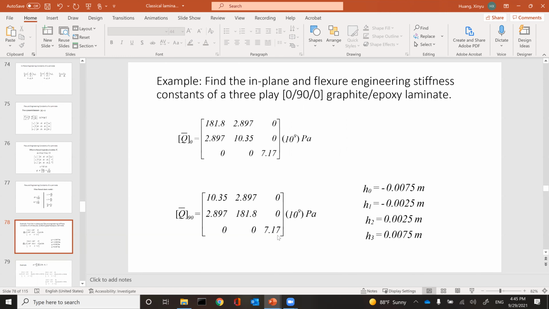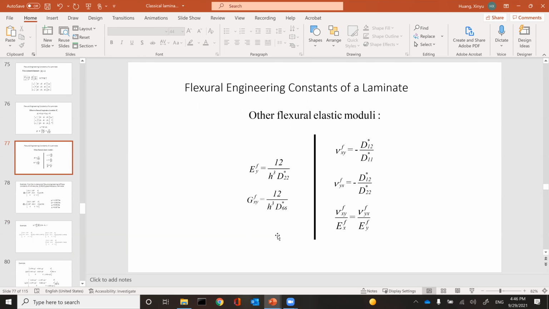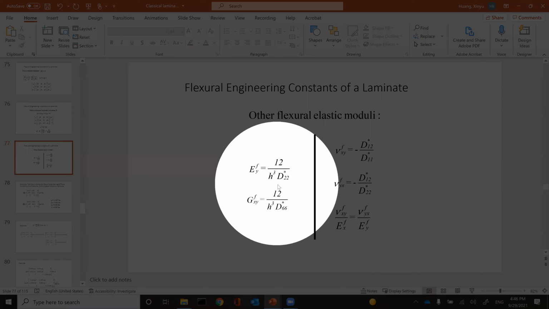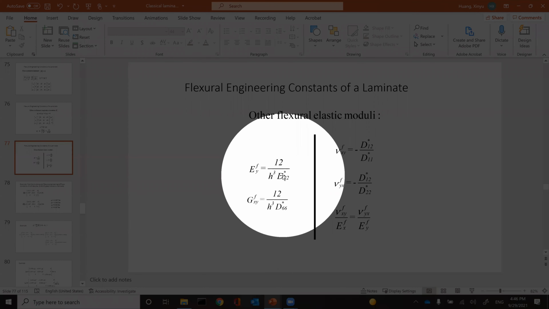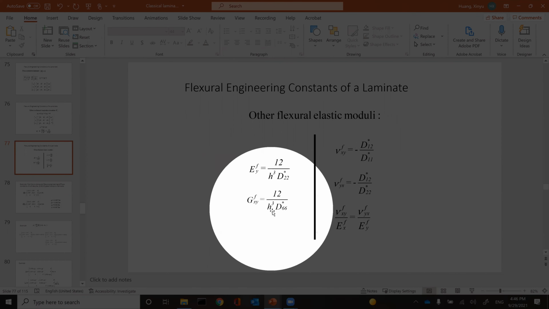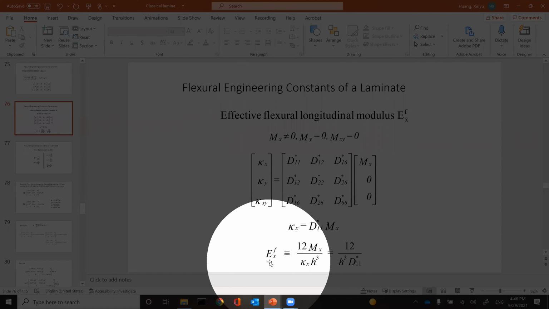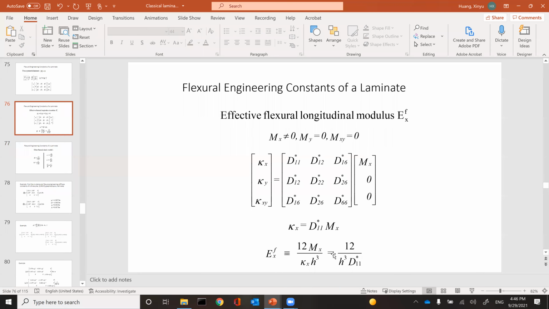So we can actually calculate these using the example we just did. All we need to do is invert. You see, this number depends on a single entry in the inverse ABD matrix. This entry depends on H and D22 star. This entry depends on D66 star and H. And this depends on D11 star.